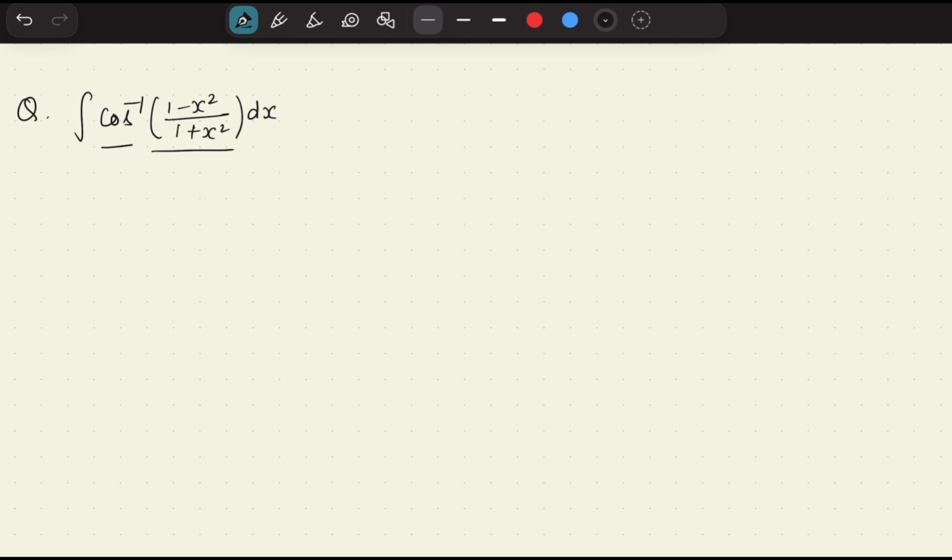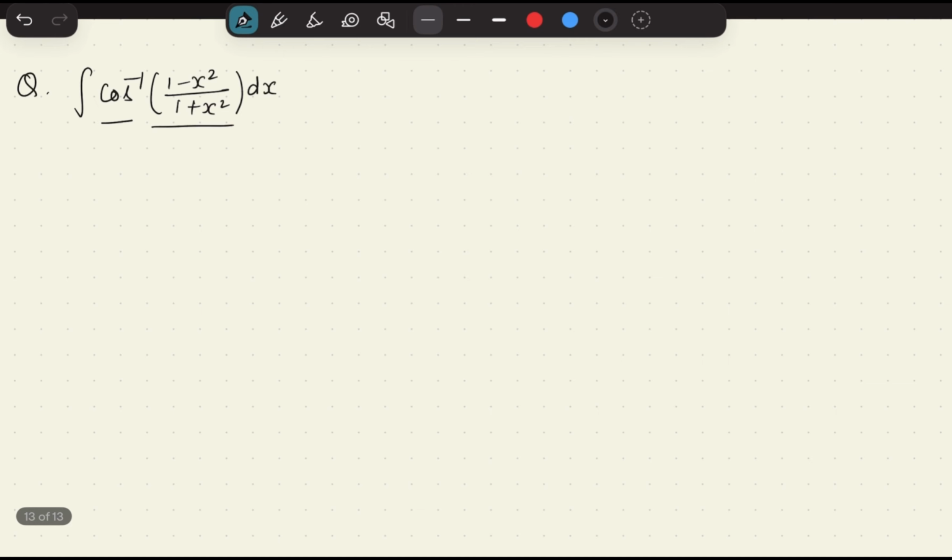To simplify this, let us assume x is equal to tan theta. Why? Because here we can see there is the term 1 minus x square upon 1 plus x square, and we know that 1 minus tan square theta upon 1 plus tan square theta is equal to cos 2 theta.